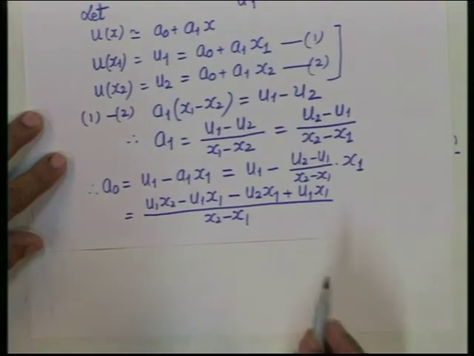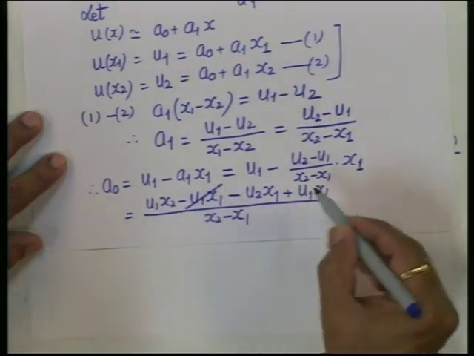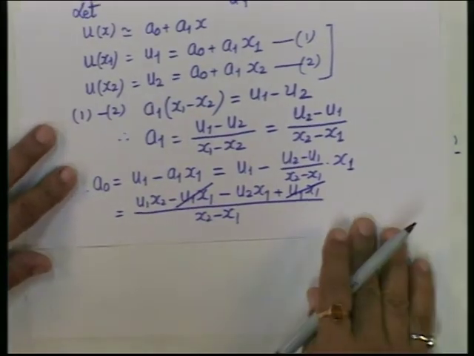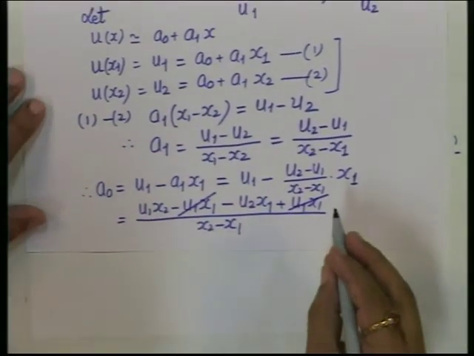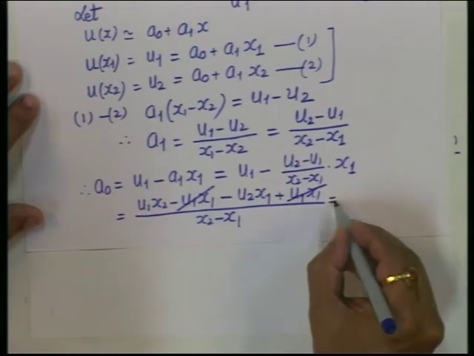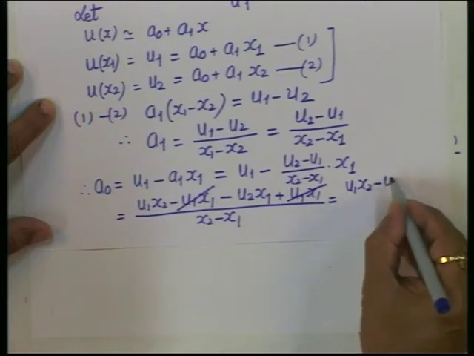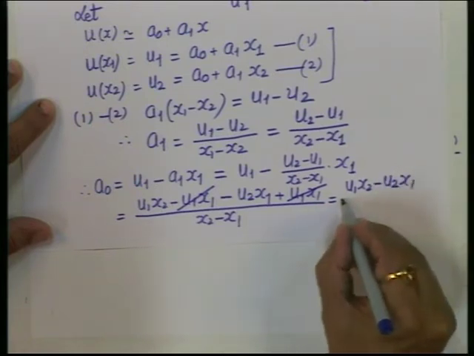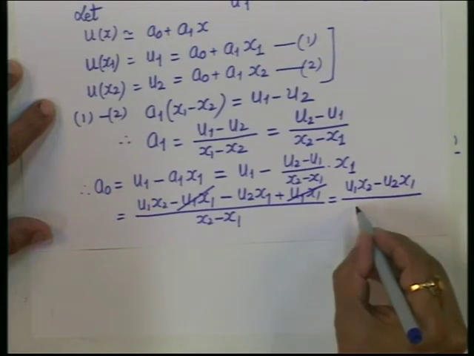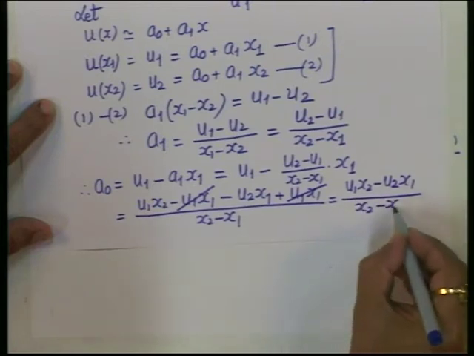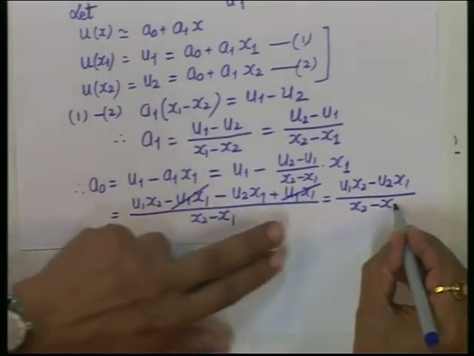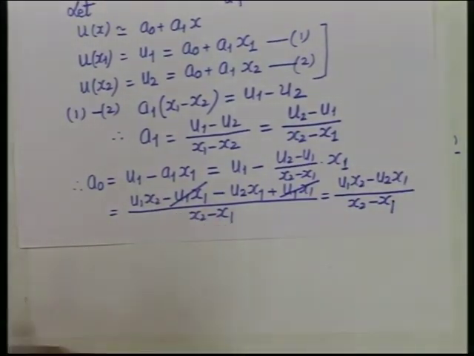No. Is there any cancellation? u1 x1, u1 x1, yes, this one and this one will go. And therefore, you get u1 x2 minus u2 x1 divided by (x2 minus x1). So, you have got now both the undetermined coefficients in the polynomial.